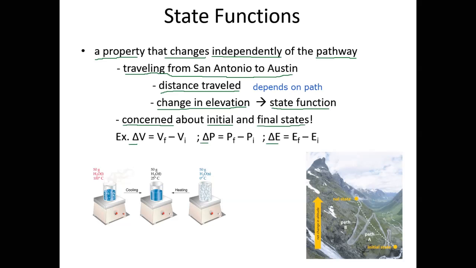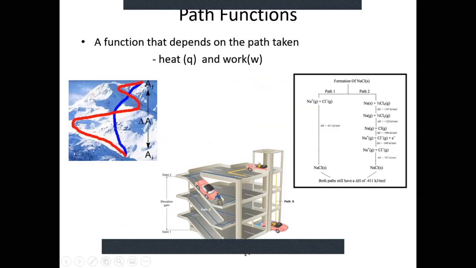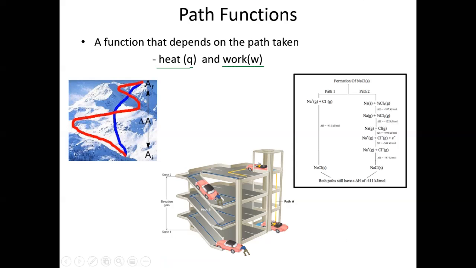Now, the opposite of a state function are path functions. Path functions depend on the path taken. There are only 2 path functions we're going to talk about in this chapter: heat and work. Every other function we discuss in this chapter is going to be a state function. So again, heat and work are the only 2 path functions discussed in this chapter.